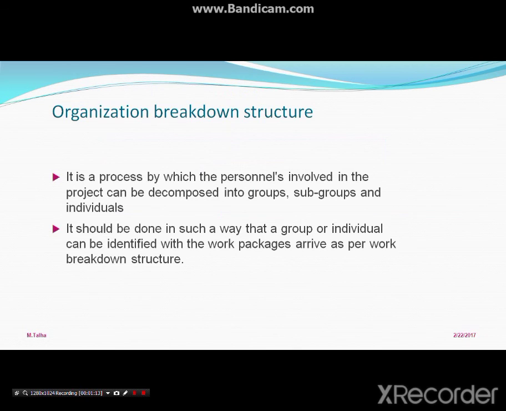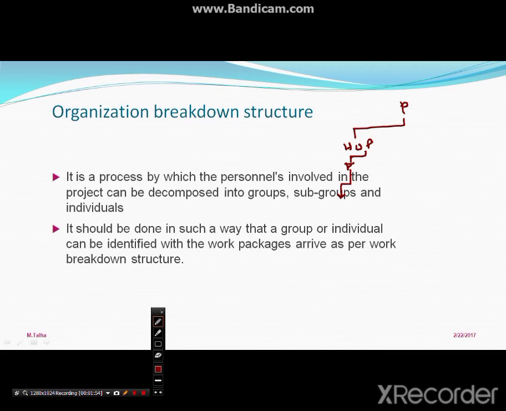We are also seeing how the organization breakdown structure will look. It is a process by which the personnel involved in the project can be decomposed into groups, subgroups, and individuals. For example, let's say in a college there is a principal, after principal there will be HODs of different departments, and after HODs there will be faculties, and after faculties there will be students who are also coordinators of SESA and all that.